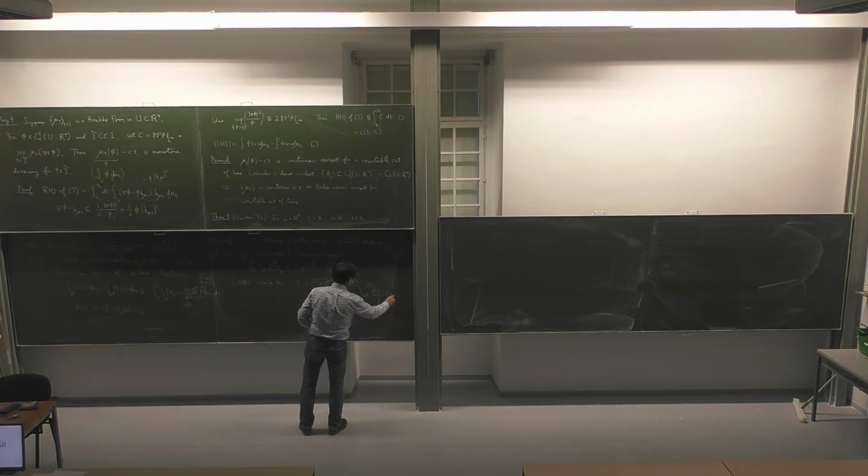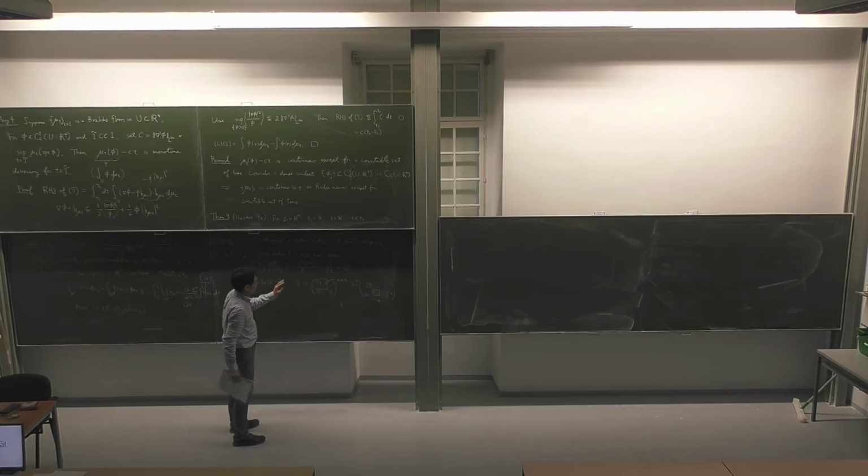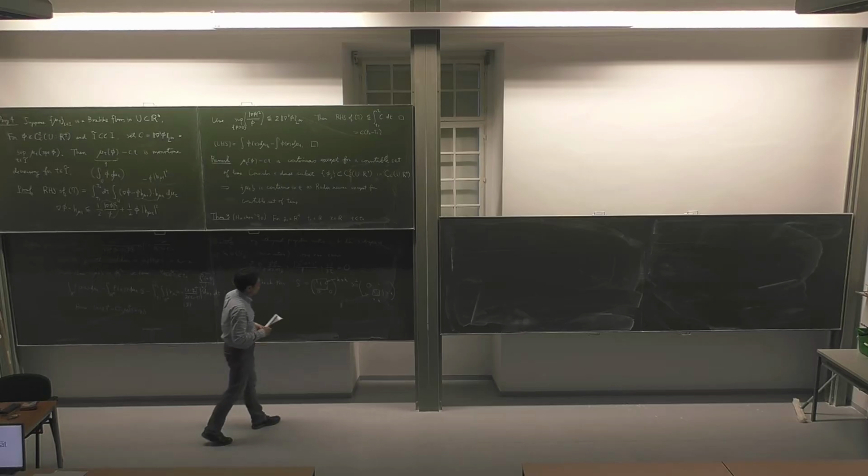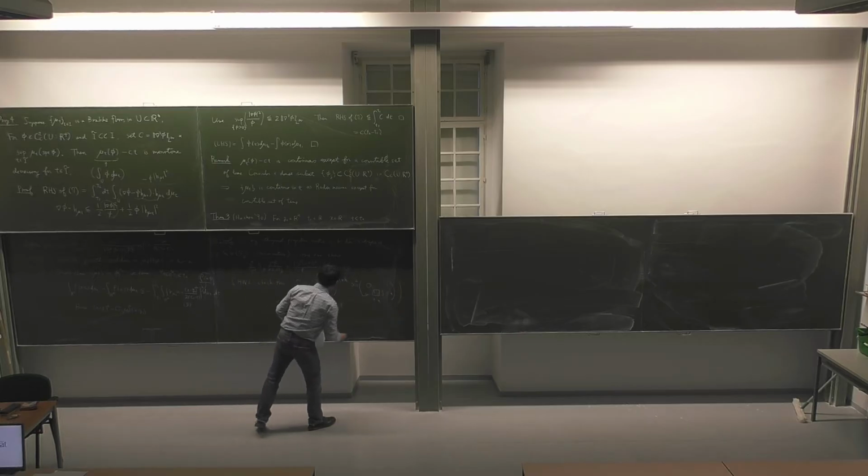Okay. So you just need to check this identity for this special case, because it's a totally rotational invariant expression. It's invariant under rotation. So just check with this, and that's very easy to do.